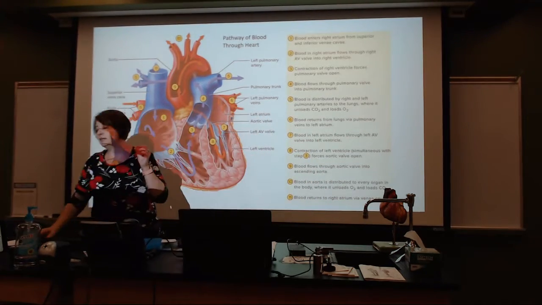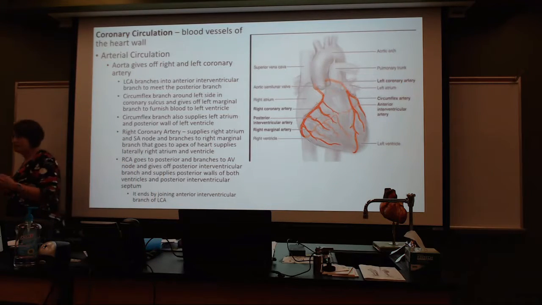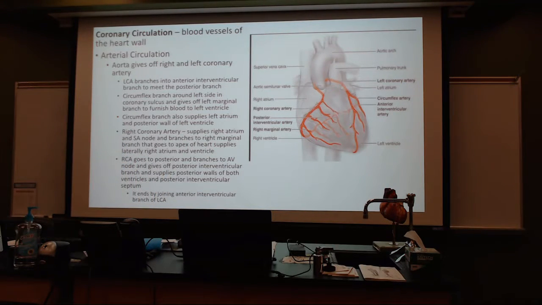The other part that we looked at was coronary circulation. The reason that I want us to take a peek back at the coronary circulation: remember, coronary circulation is for the blood supply to the heart as an organ itself.